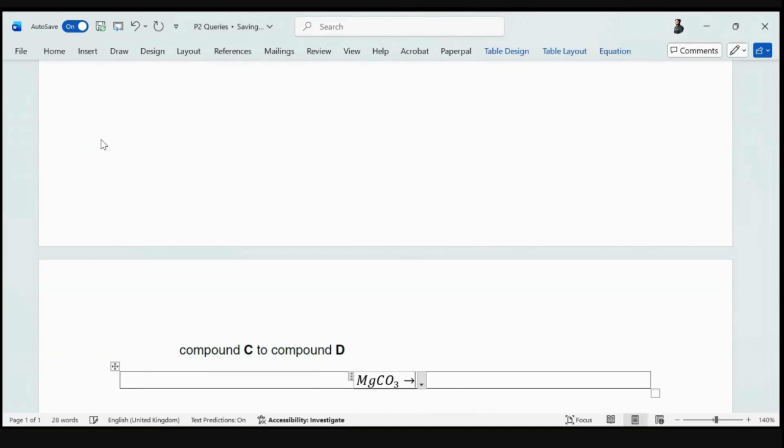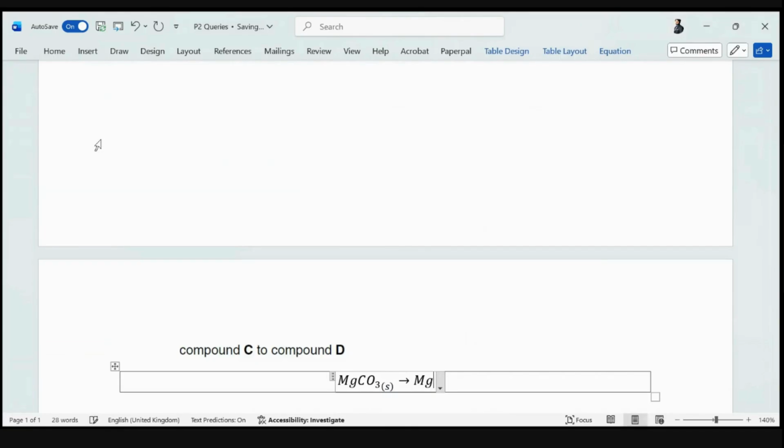MgCO3 is heated, and when it heats it gives us MgO, and what else does it give us? Carbon dioxide. Is that right? Yes. Is this balanced? Do we need to change any coefficients? It's balanced.